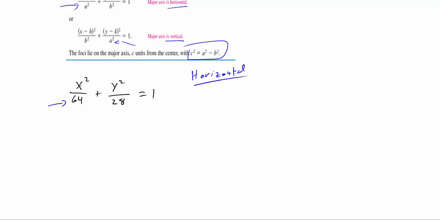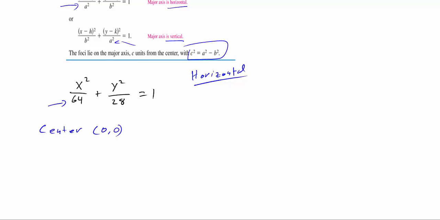And we can tell that there's nothing subtracted or added to the x squared or the y squared at the top. So therefore we know the center, which is our h and k, is going to be at the origin, 0, 0.